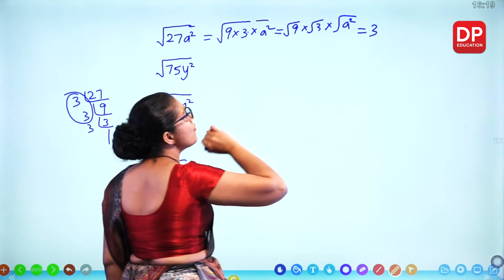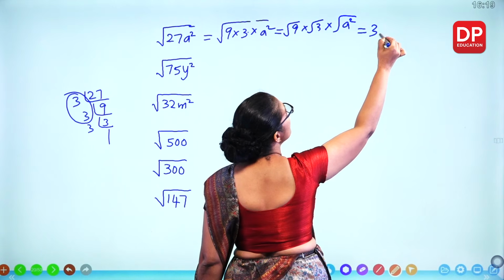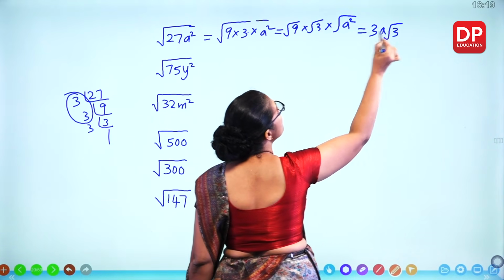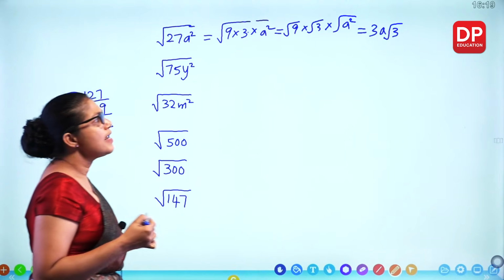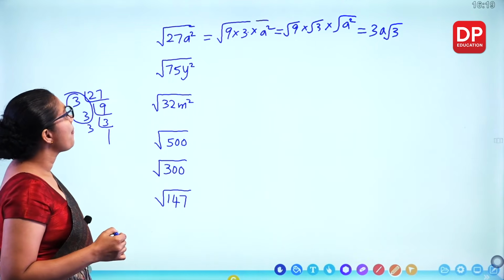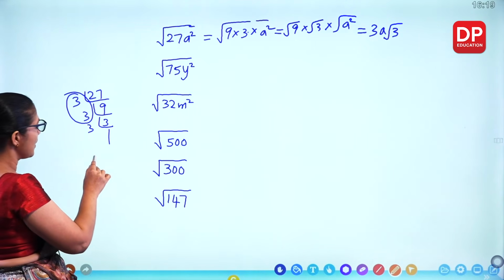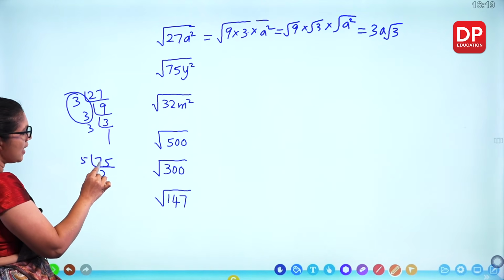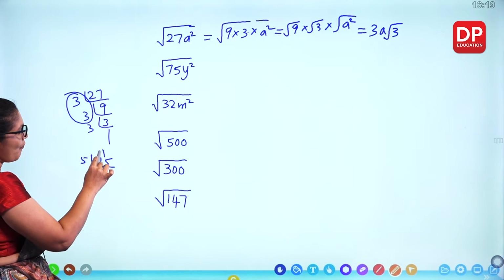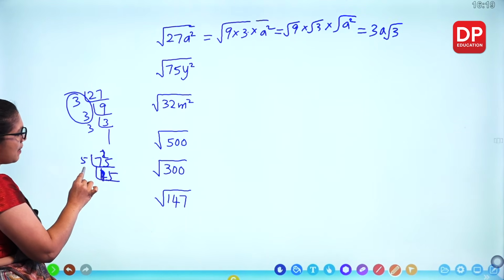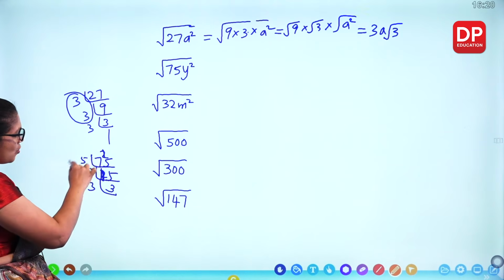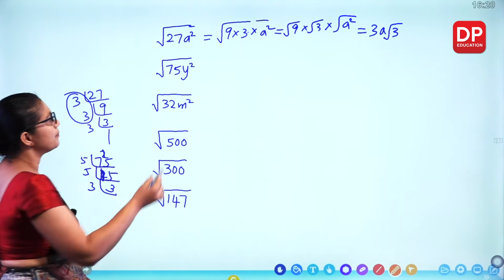What's the square root of a squared? You get a. What's the square root of 3? Square root of 3 remaining. So 3a root 3. What about 75? How can I write 75? Divide by 5, you get 15. Divide by 5 again, you get 3. So you get 25 times 3.